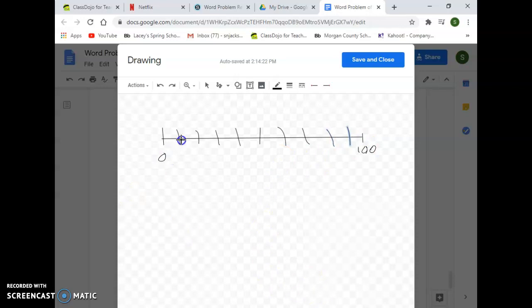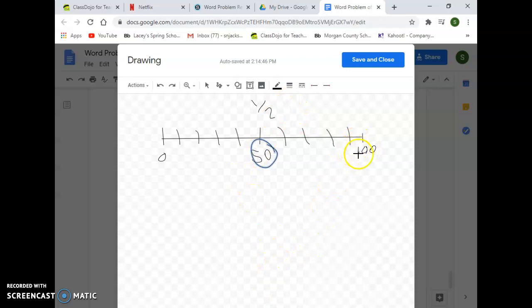From 0, 10, 20, 30, 40, 50, 60, 70, 80, 90, 100. So in the middle, I hit the 50 mark. So it shows that 1/2 of 100 is 50. So he had 50 chocolate chips.